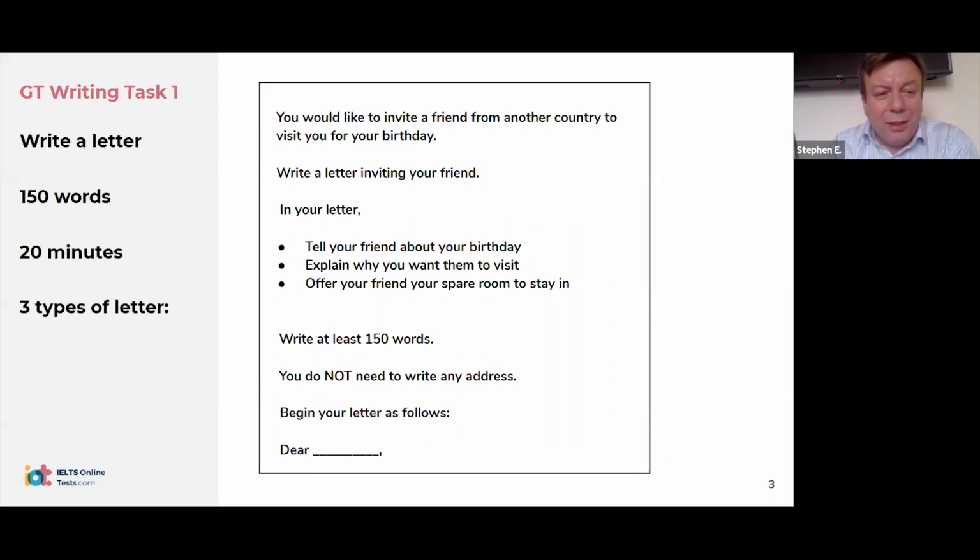There are 3 types of letter: formal, semi-formal, and personal. Just like in last week's webinar, a pointer: whether it's academic task 1 or general training task 1, it's a good idea if you do it last. So just remember that.